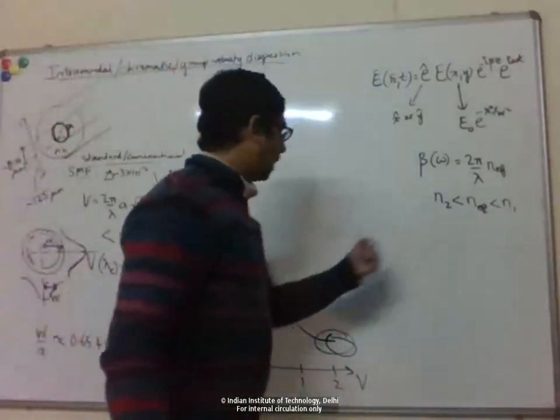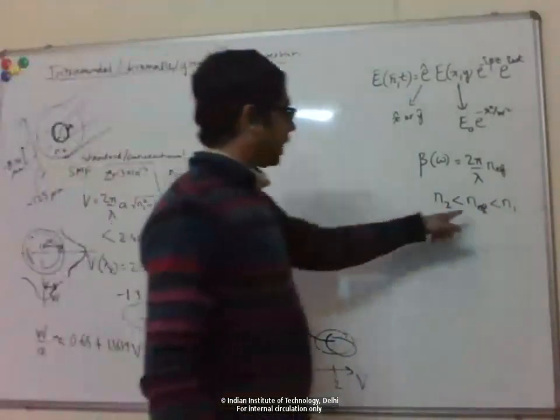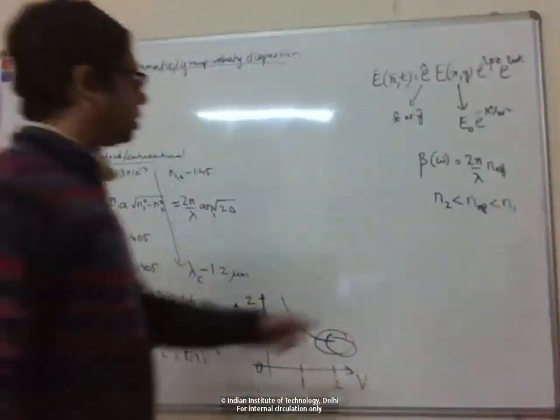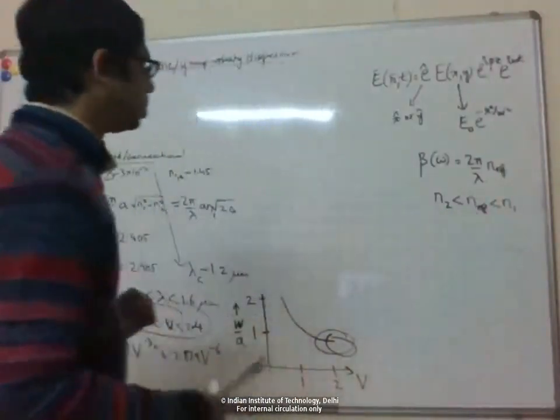The better confined a mode is, the closer n effective is to n1. If it's leaking out into the cladding, then it's closer to n2.